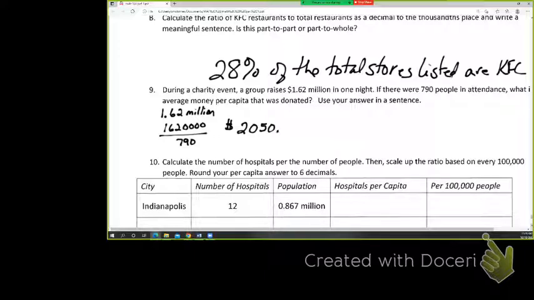That's what I came up with. You're probably right. I'm looking back at what I have typed in. I'm being a little lazy to try to get through a few more examples, but please write your sentence. So we could just say, the group raised $2,050.63 per person in attendance.